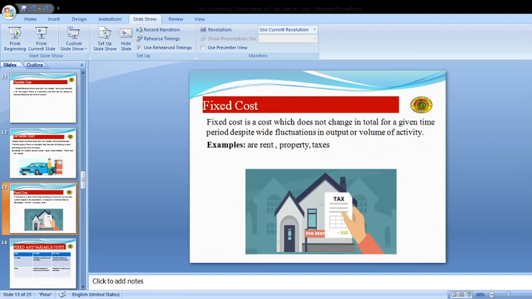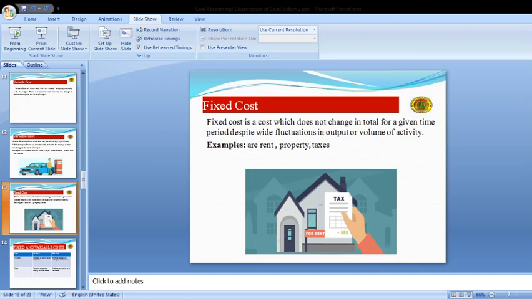For example, if you take the cost of the car, the more the operations and the more the running of the car, fuel cost will change, it is a variable cost, but the insurance cost is most likely not going to change. Our depreciation cost of the car is not likely to change. Hence, that comes as a fixed cost.